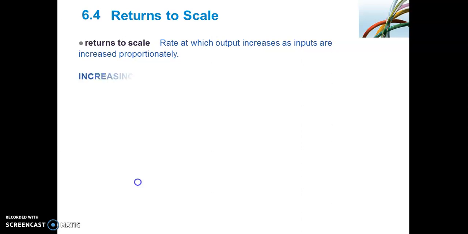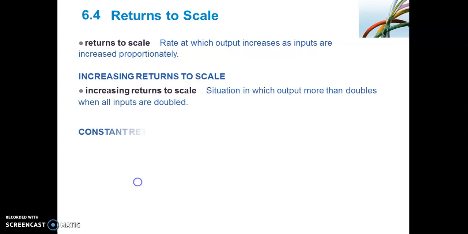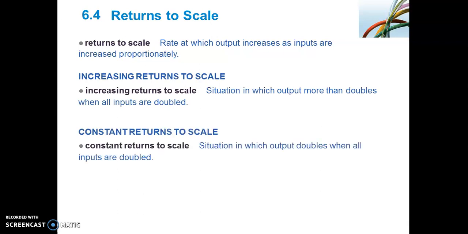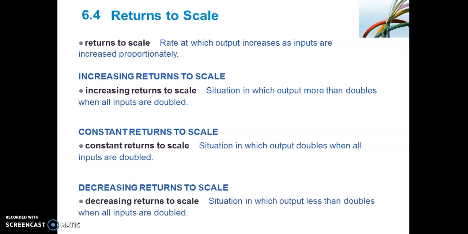Now there are three different cases that you need to know as well as be able to apply, and you will be taught about the Cobb-Douglas function in ECO 235. So the three cases are increasing returns to scale, constant returns to scale, and decreasing returns to scale.